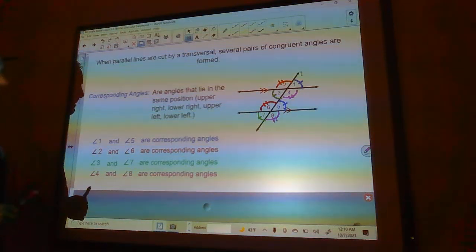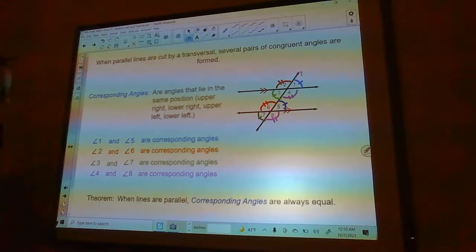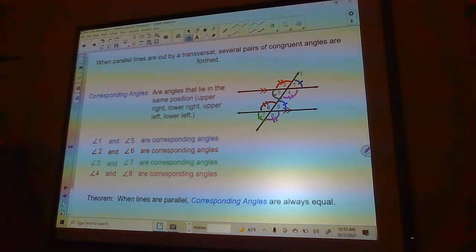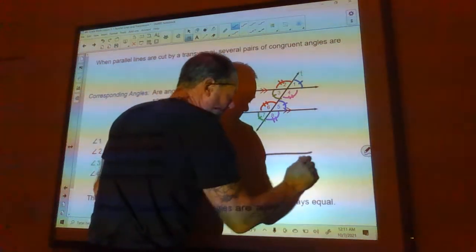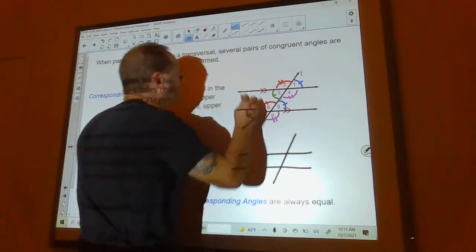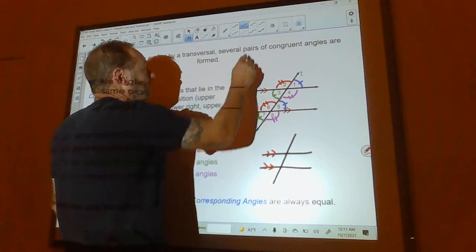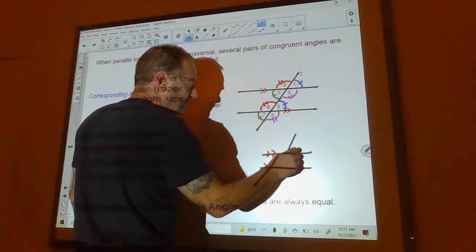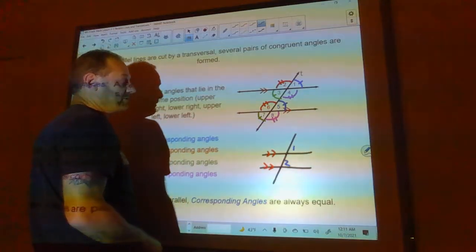And we have a theorem that says when lines are parallel, corresponding angles are always equal. Okay, so if I have this situation here, a couple of parallel lines cut by a transversal, and I have this as angle 1, and this is angle 2, those two angles are equal.